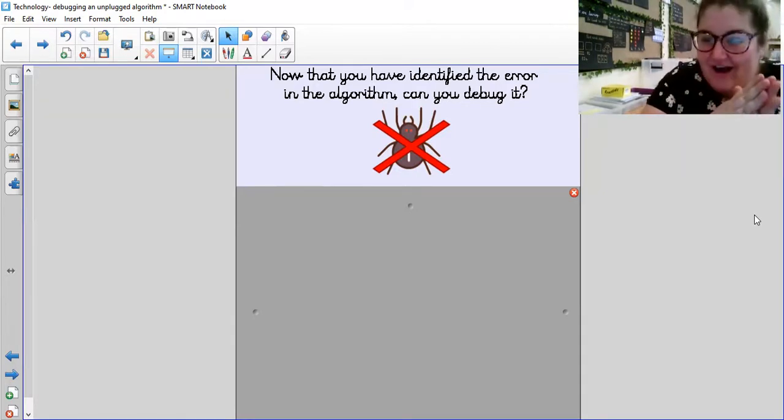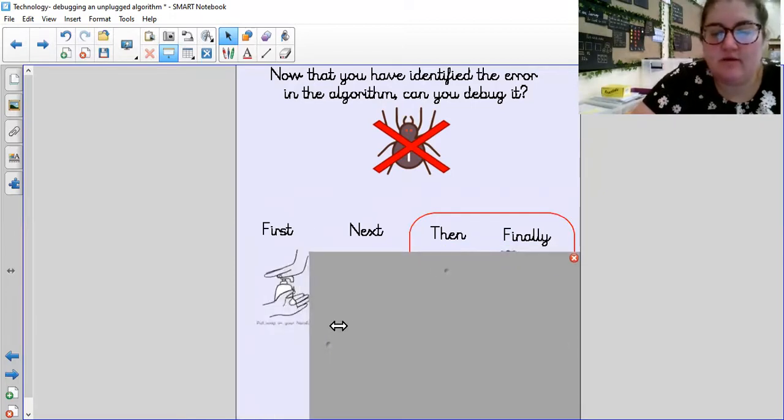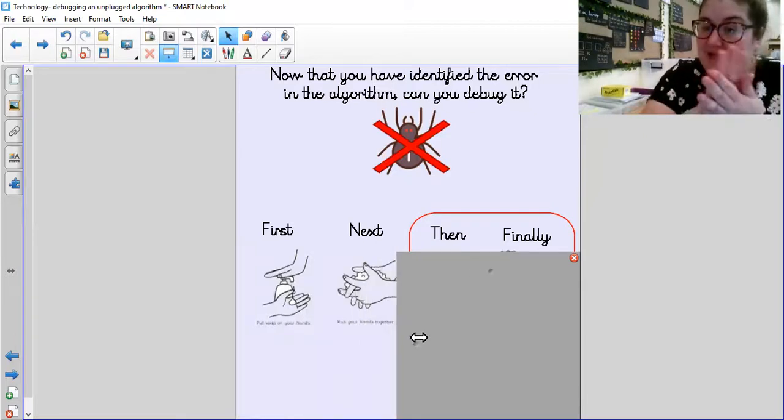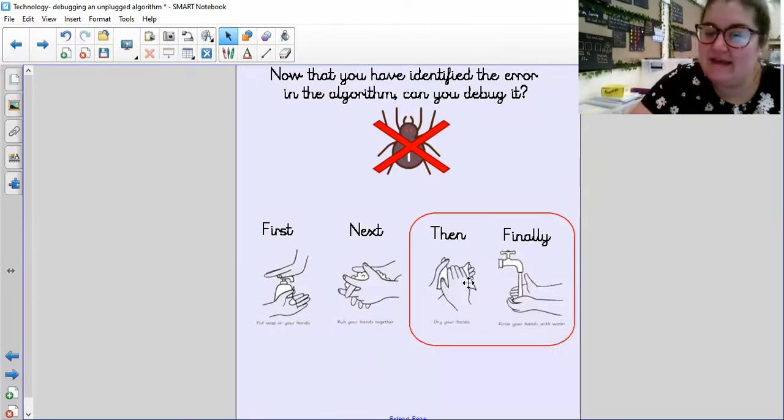Okay, I've identified the error and now I'm going to fix it. I'm going to debug it. So let's have a look. First, I know that we put some soap on our hands. Next, we rub our hands together, okay? And then, this is where I went wrong last time, then I need to rinse them, okay?